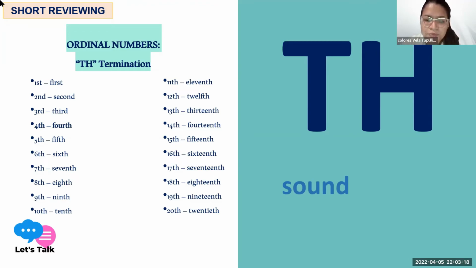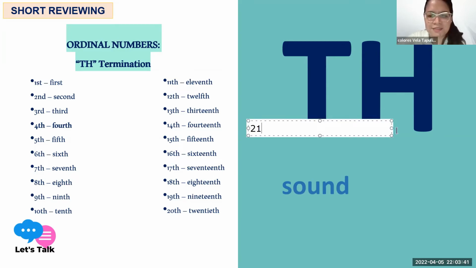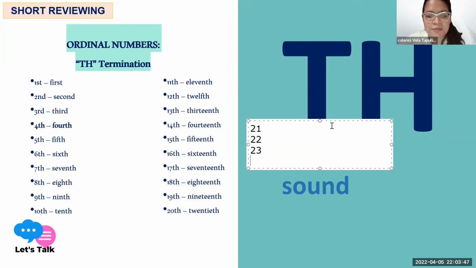And also, for this activity, you are going to think about how you can make a combination. For example, if I want to say this number or this number in ordinal, if I want to form these numbers, can you think how we can make this combination?